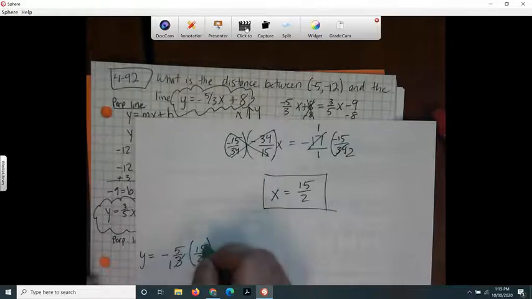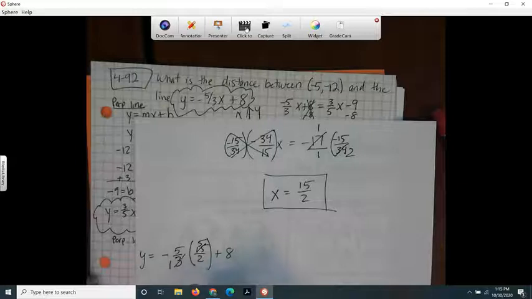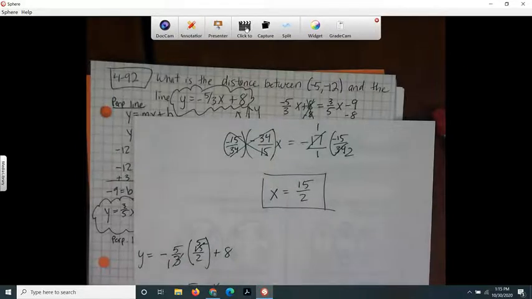Negative 25 halves. 8 would be 16 halves. And then I had to do that on my fingers. That's negative 9 halves.